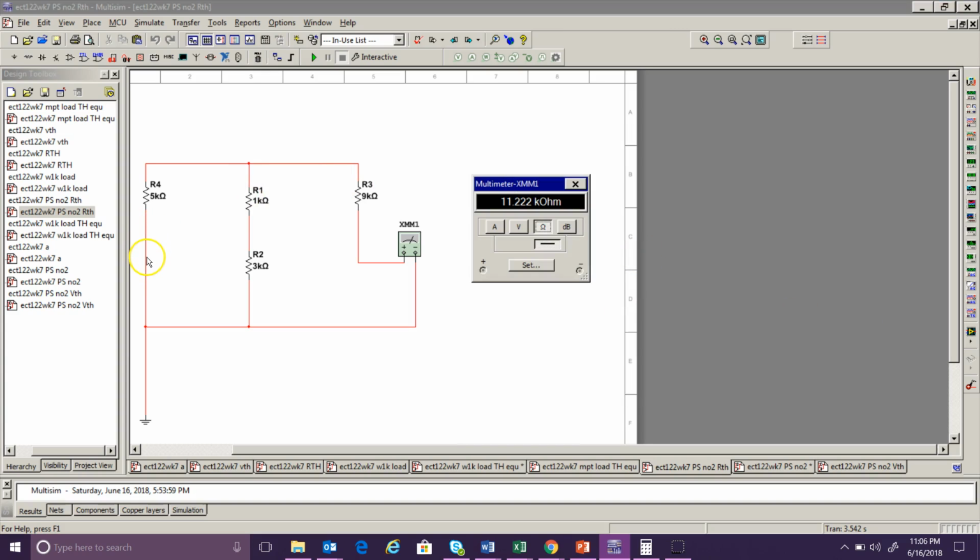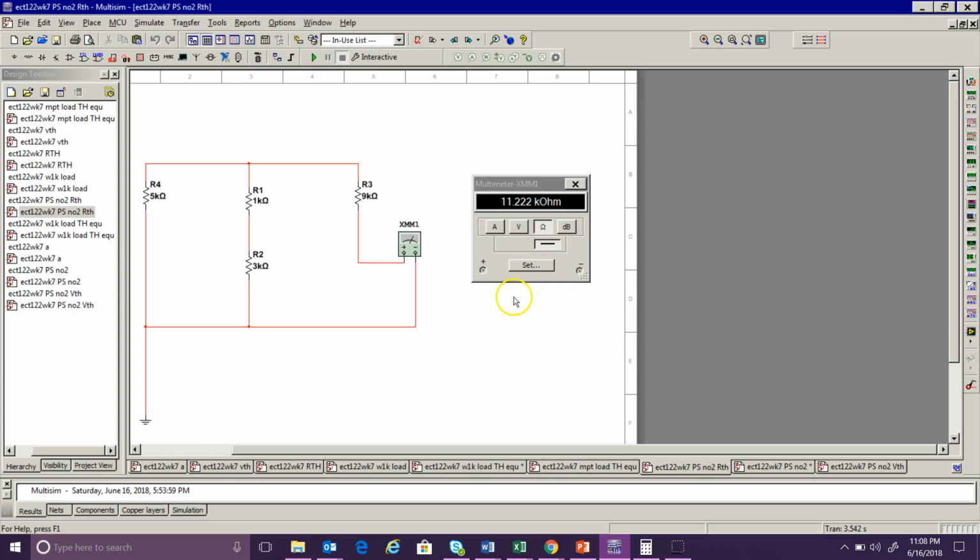So we take out the supply and put in a wire, and what that leaves us with is 5K in parallel with 4K, which equals 2.222K when I combine those two parallel branches. And then that leaves this series 9K, so I add that to the 2.22K and get 11.22K.